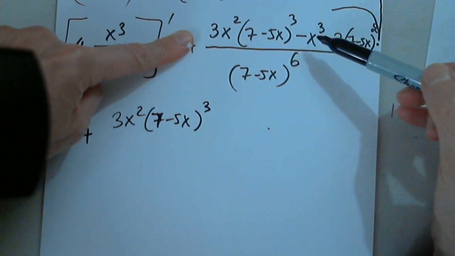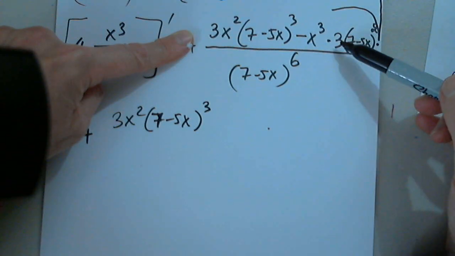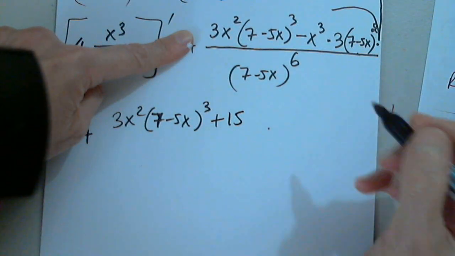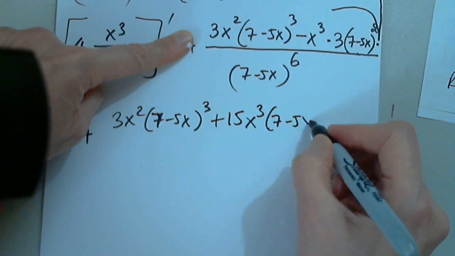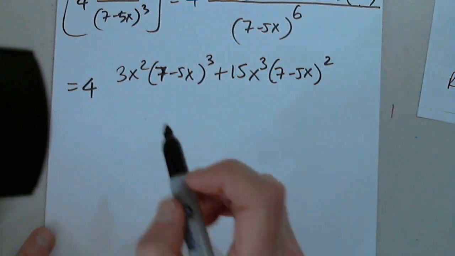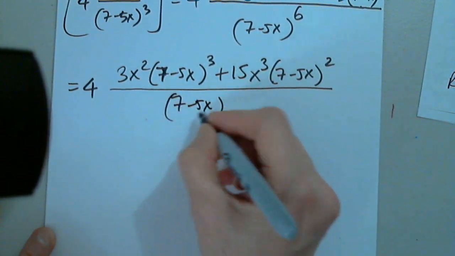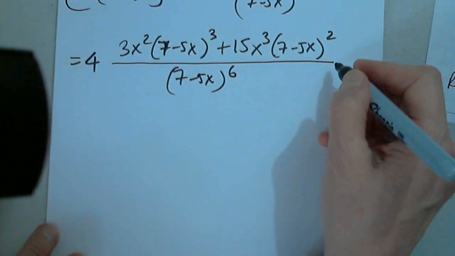Now I have negative 1 times 3 times negative 5, which is positive 15, x to the third, and then 7 minus 5x squared, over 7 minus 5x to the 6. Do not be tempted to simplify anything. It would be a tragedy.